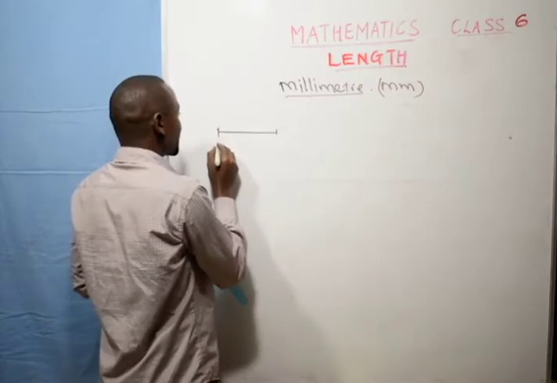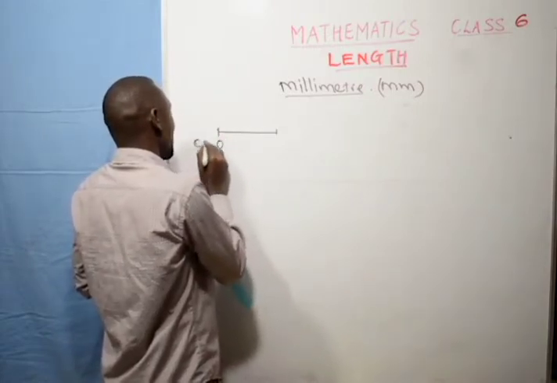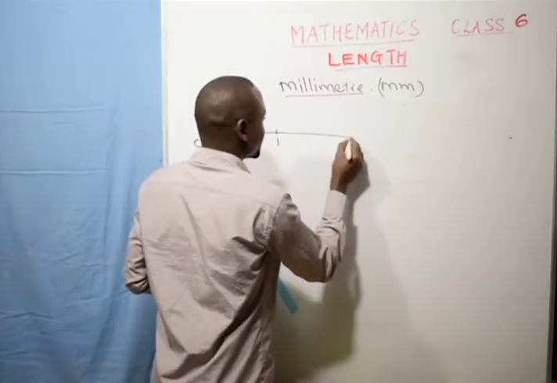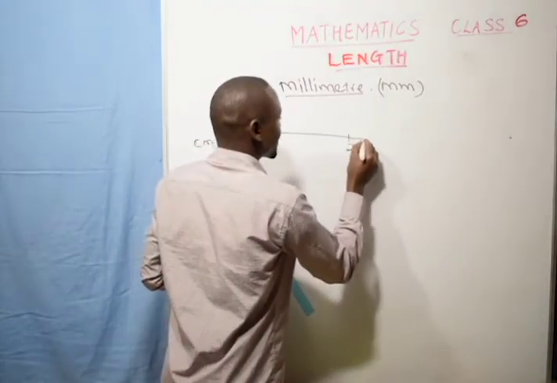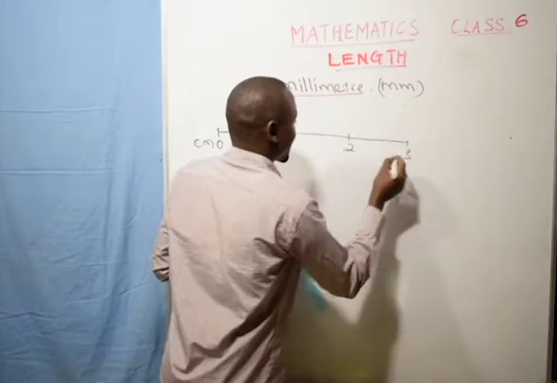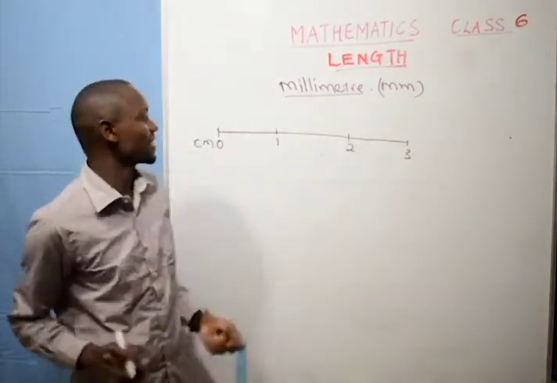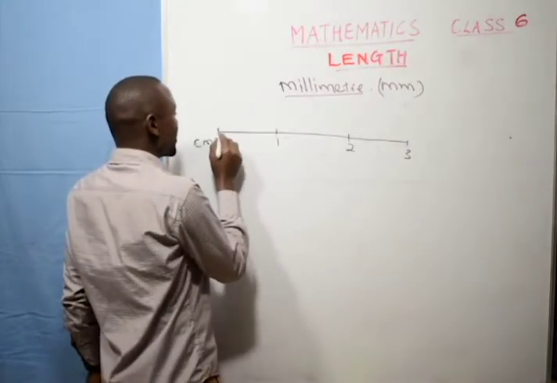Let's say, for example, this is 0. This is where we have the centimeter. Then this is 1 centimeter. This is 2 centimeters. I've just taken part of that centimeter ruler. We have other small measurements.